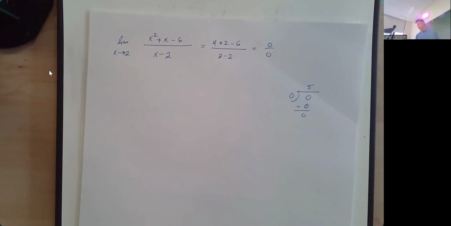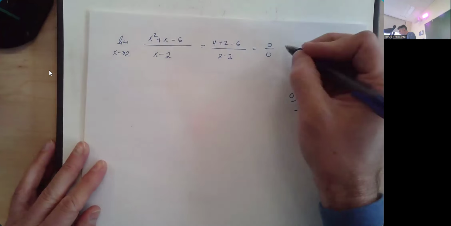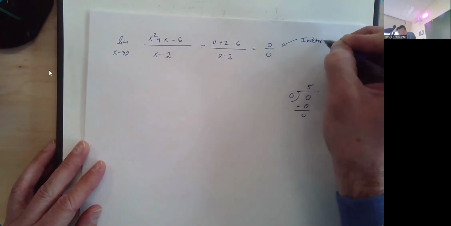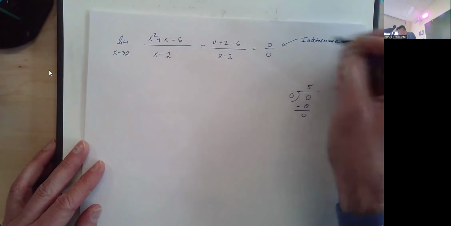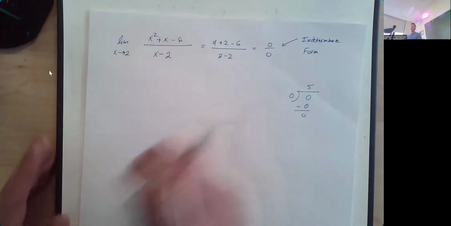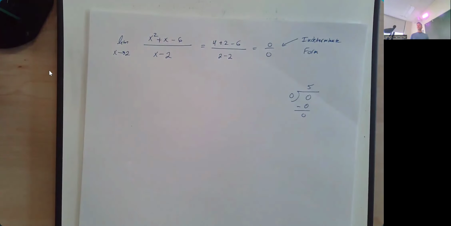This is why we call 0 over 0 an indeterminate form. It's more than just being undefined. Indeterminate form means it could end up taking on any real number, or it could end up being some sort of infinity, which again is not a real number, but we're not worrying so much about that right this moment.